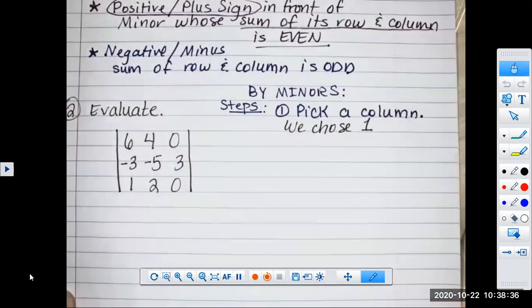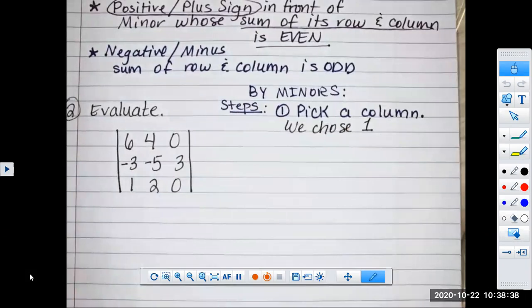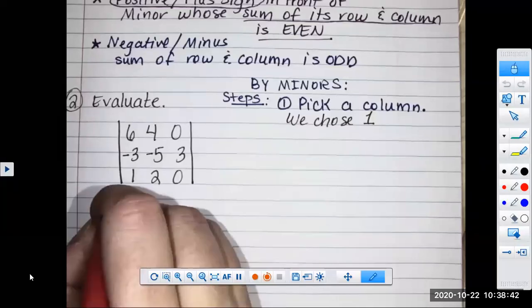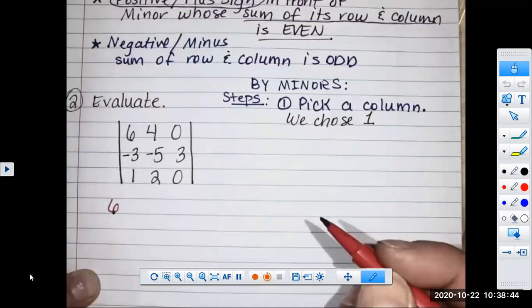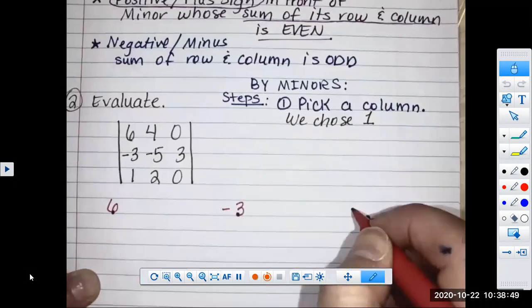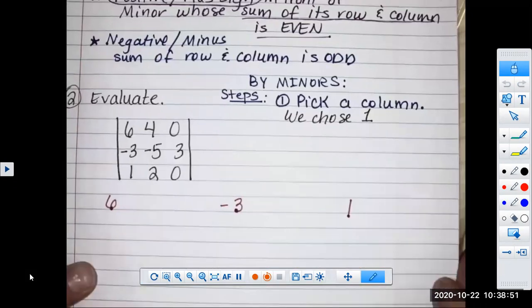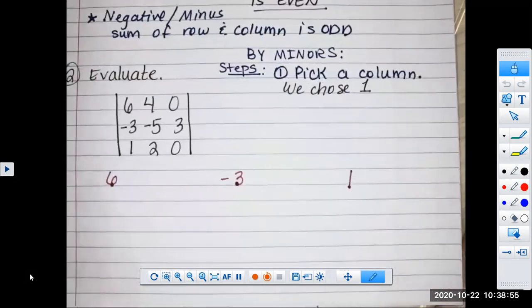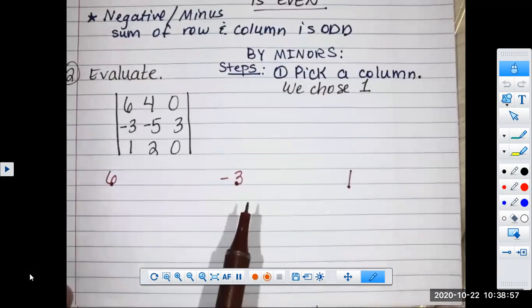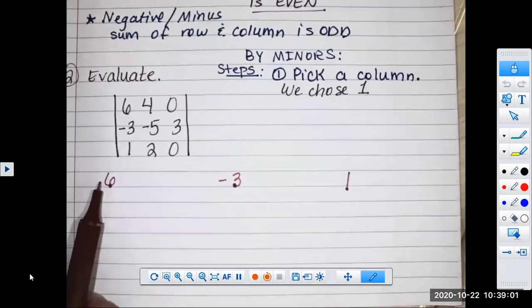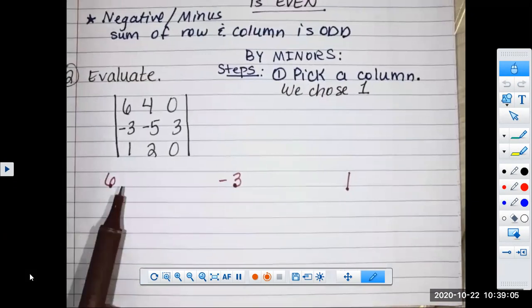So let's choose column 1. All right, so what you do now, let's look at the numbers in this column: 6, -3, and 1. Then we have to figure out, does 6 stay positive? Do I put a plus sign here? Or is this going to be a minus and make it negative? Same thing with -3.